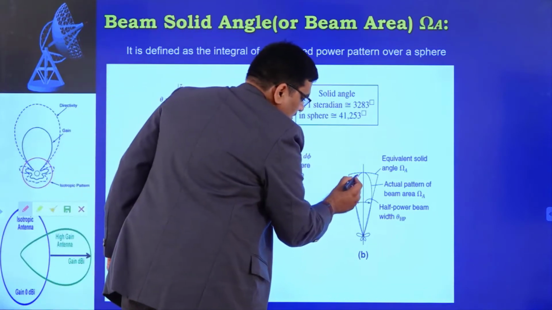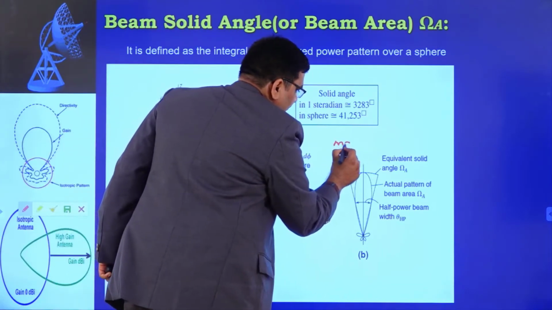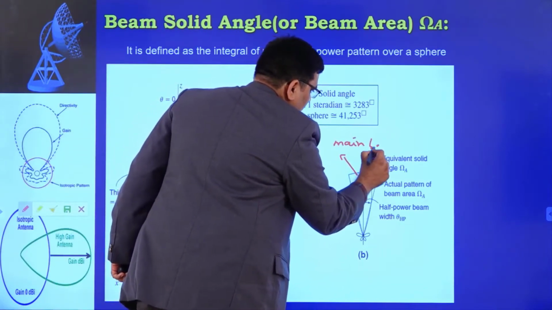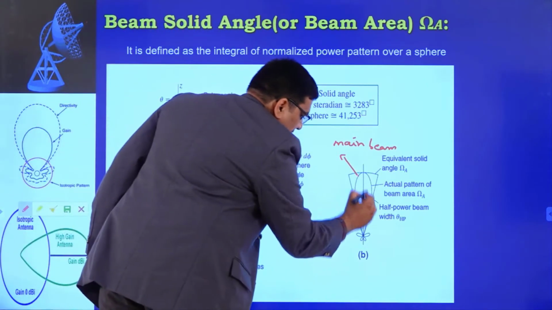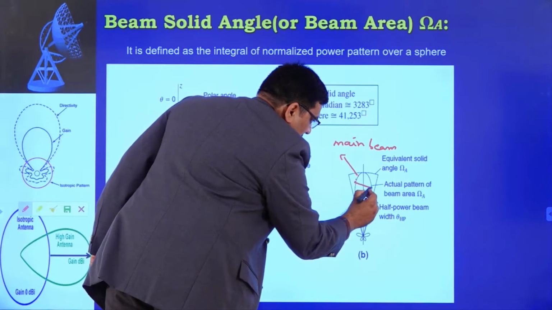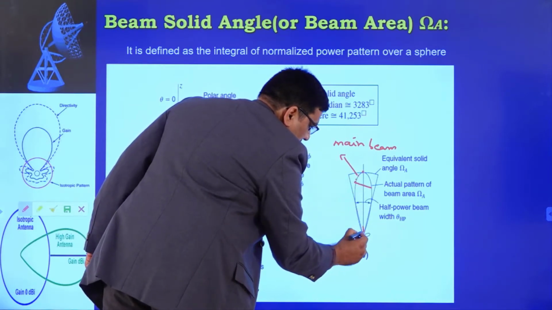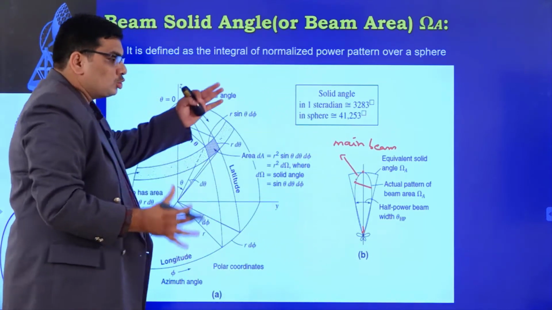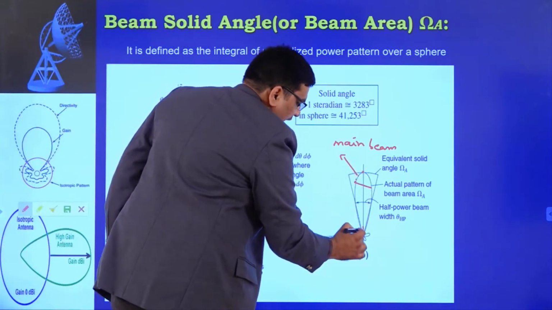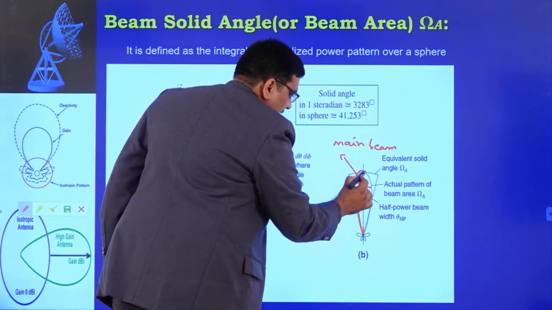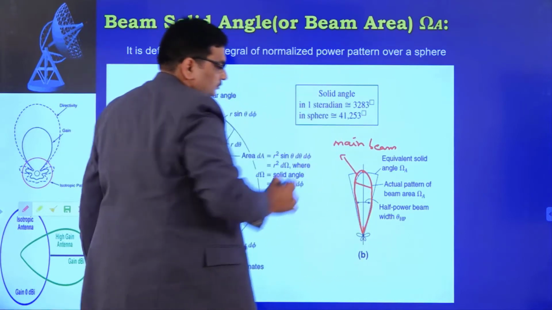This entire area from here to here is called the total beam area. This is the area where we have to find our beam area.